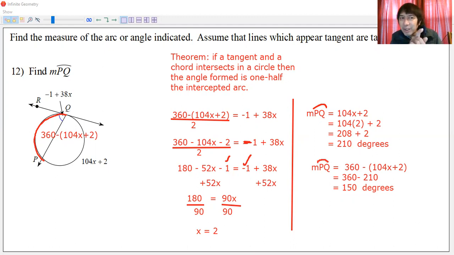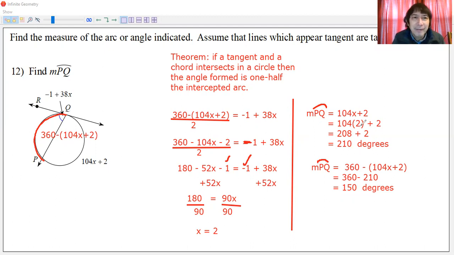Because the question arc PQ can be 2 arcs, either the bigger or the smaller, since there are only 2 letters PQ, either of the 2 is the answer. It's either 210 or 150. So let us see the answer.